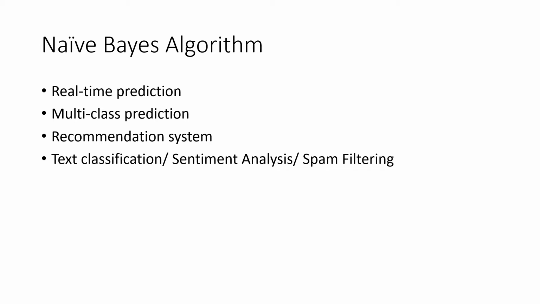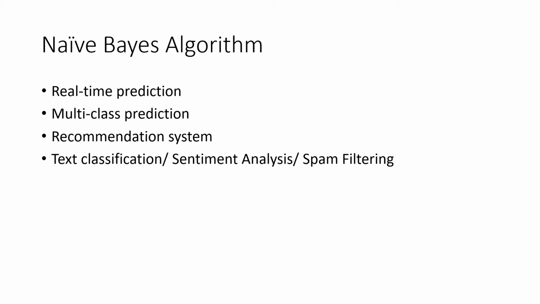This system uses data mining and machine learning techniques to filter information which is not seen before and then predict whether a user would appreciate a given resource or not. Due to its better performance with multi-class problems and its independence rule, it performs better or has a higher success rate in text classification.